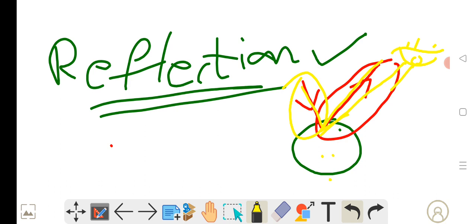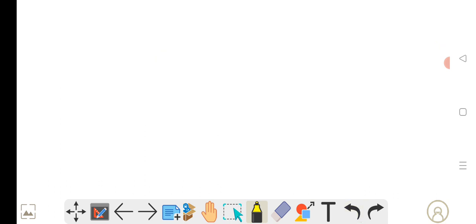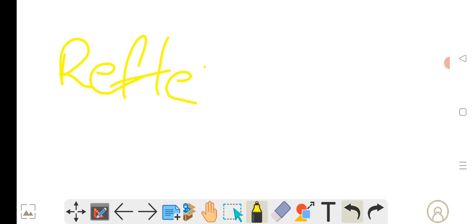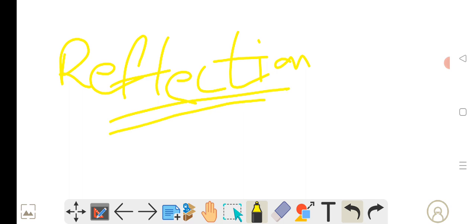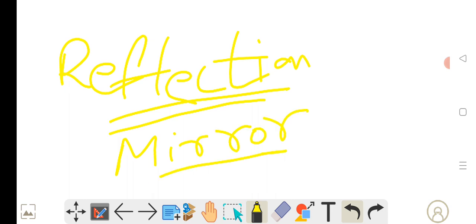Now in reflection, to see the reflection we need a mirror. Generally we learn the reflection by the mirrors. So what is this mirror?